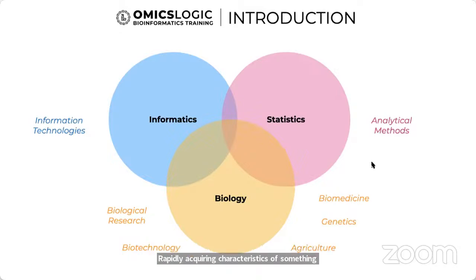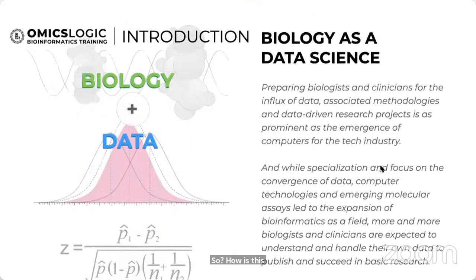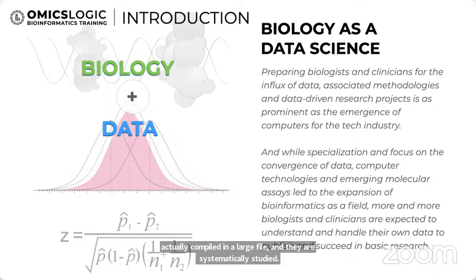How is this transformation acquired? In today's era, biology can be described as part of data science, because billions and billions of data points on genes, proteins, and other molecules are compiled in large files and systematically studied. These characteristics of biology closely resemble the characteristics of data science.